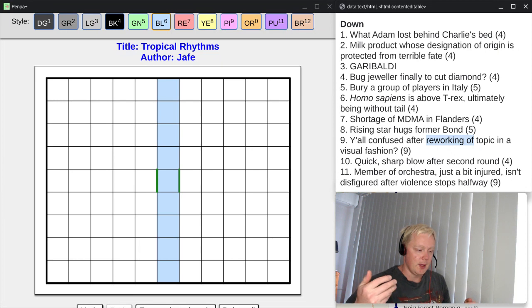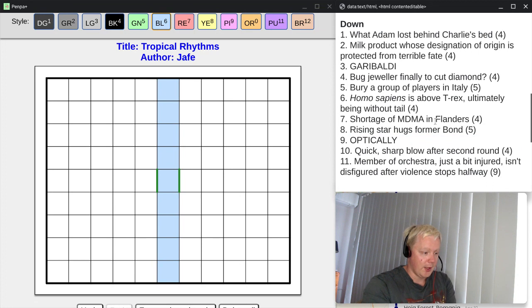Rework the letters of topic. And since y'all is confused after, we anagram topic and then we anagram y'all. If we do that, we get optic, which is an anagram of topic, and we get alley, which is y'all anagrammed. Put those together, we get optically, which means in a visual fashion.